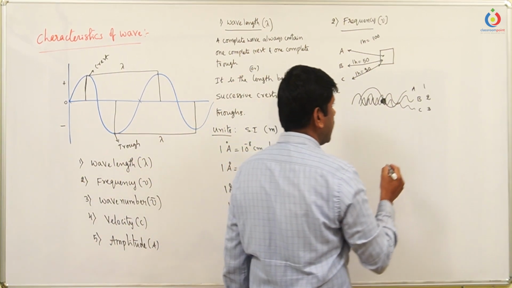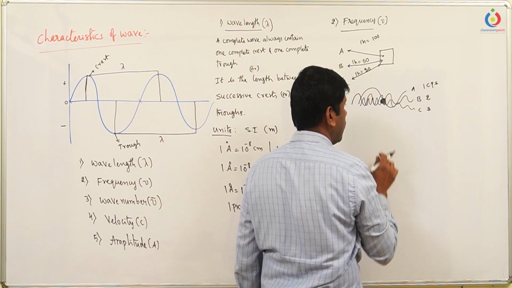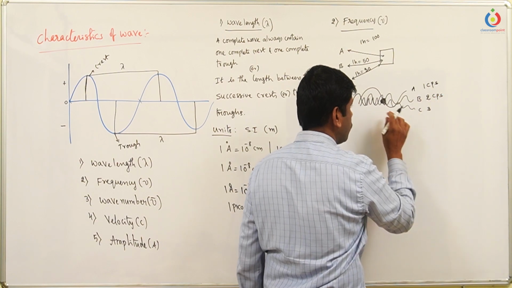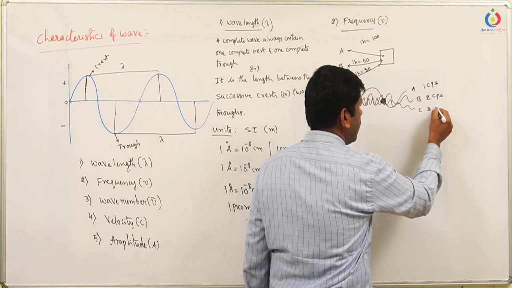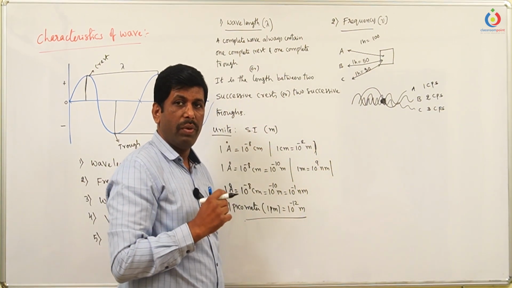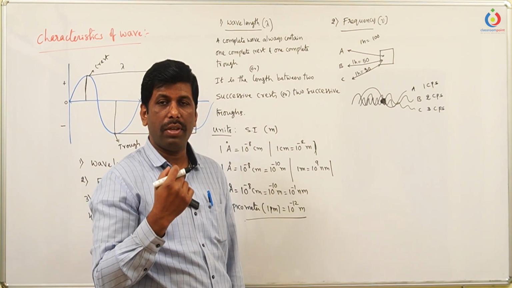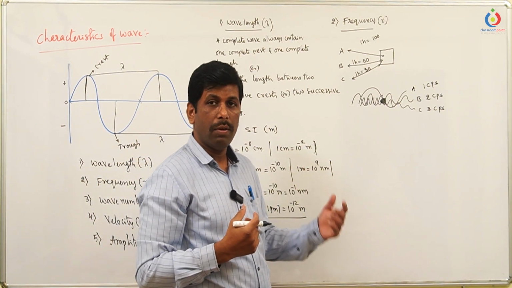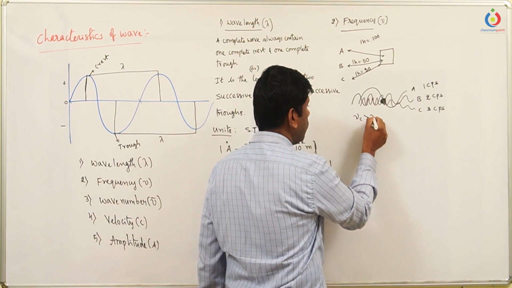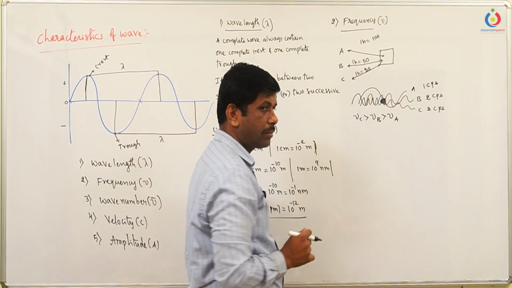So in 1 second, 1 cycle per second passed through the fixed point, here 2 cycles per second passed through the same fixed point, and here 3 cycles per second. So wherever more waves pass through the fixed point in a given time, that is the frequency. The frequency of wave C is more than that of B, which is more than that of A.